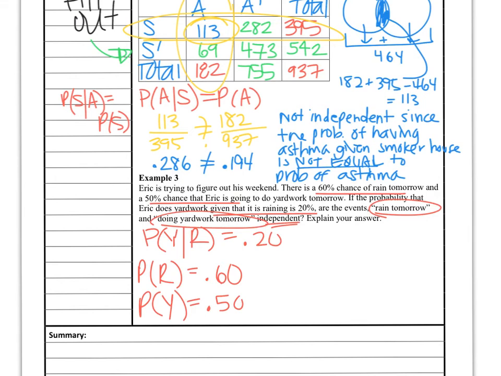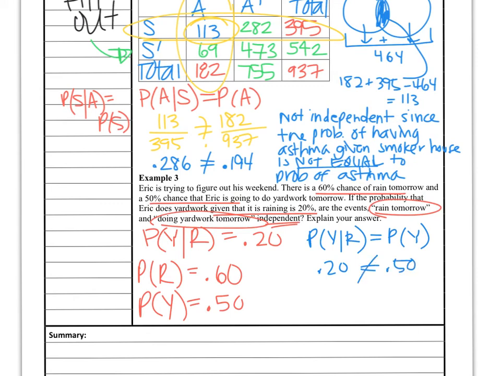So I want to test to see if the events are independent. I'm looking to see if the probability of yard work given that it's raining is equal to the probability of doing yard work. So we've got 0.20 and 0.50.